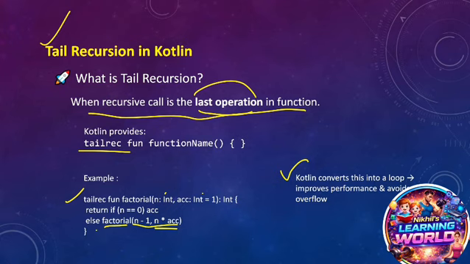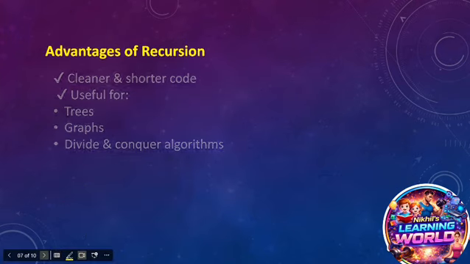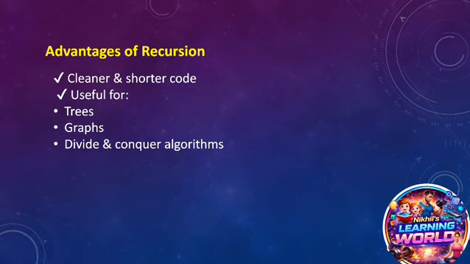So what happens? Kotlin converts it into a loop, improves performance and avoids stack overflow. That is about tail recursion in Kotlin. So in the example you can see factorial, and by using factorial you can achieve tail recursion.